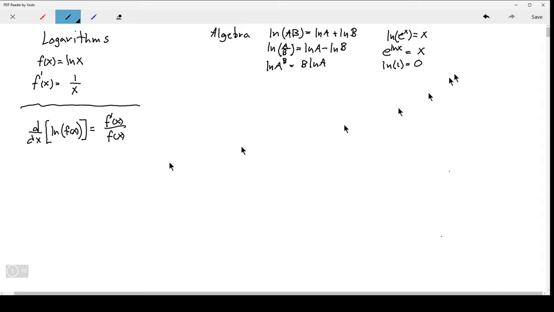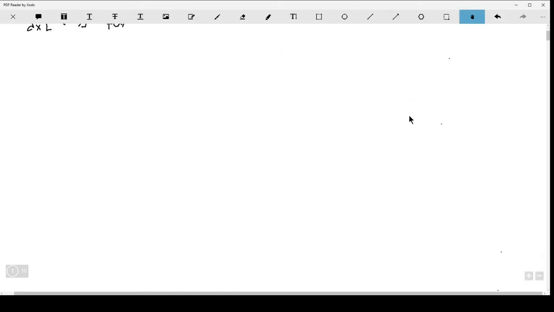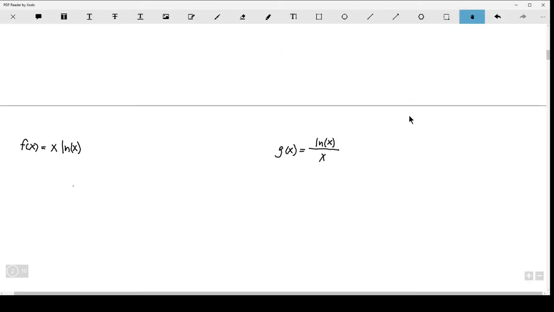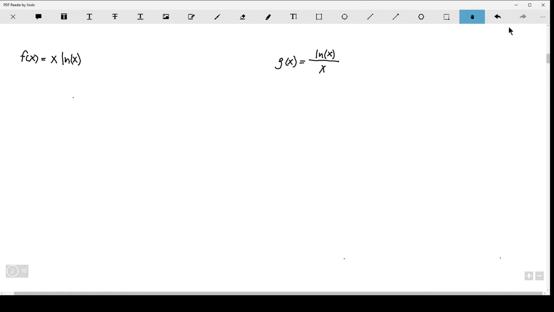I am going to take a look at some examples. All right, so the first two don't involve the chain rule. They're just basic log examples. This first one right here is a product, and the product is right there. All right. So when I put the derivative of this one together, I want to put it together with the product rule.